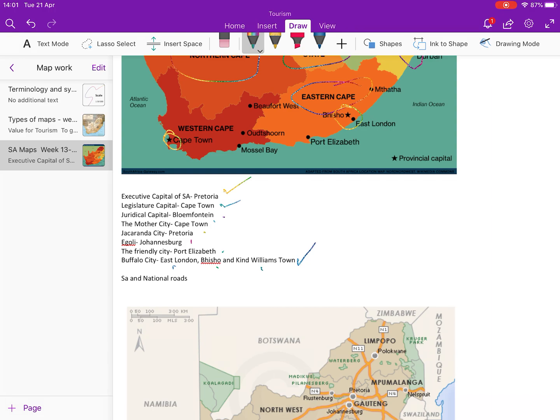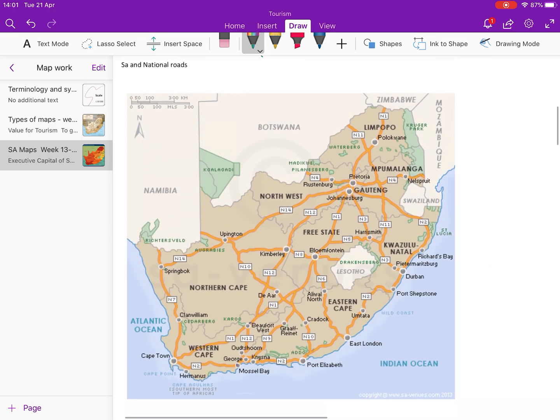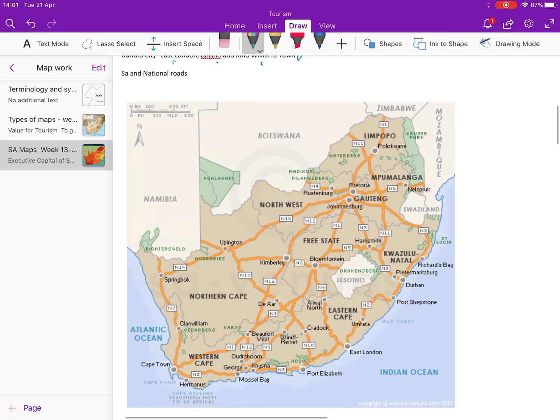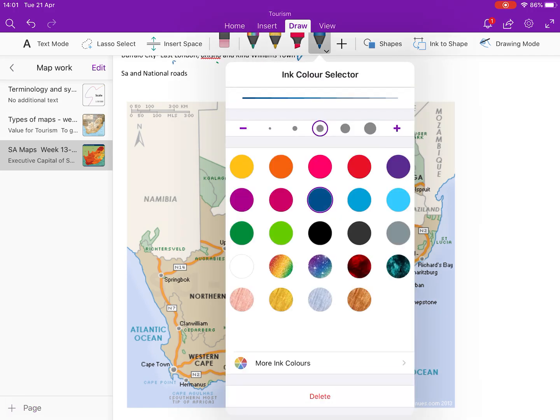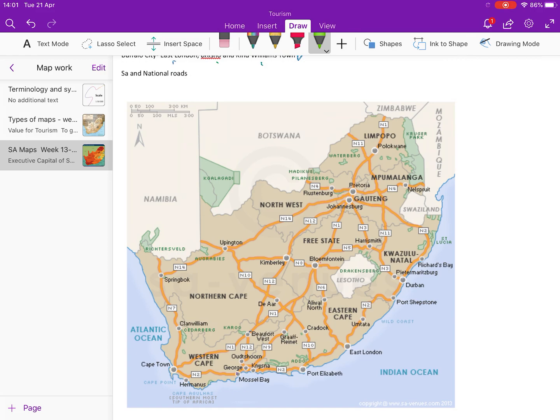Alright, if we look at number 4 of the worksheet, you'll see it talks about the national roads in South Africa. It's very important to be familiar with these national roads because this is the form of transport, one of the forms, that people will use to get from one destination to the next.